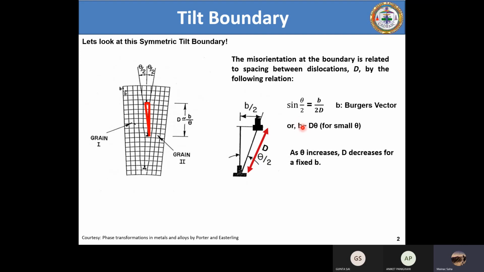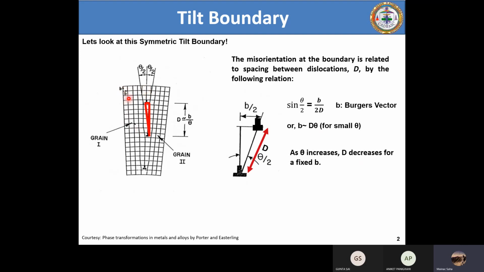So if you have B almost equal to d theta, see what they have done. What Read and Shockley proposed is that B, which was one of your questions, is nothing but the Burgers vector of atoms in the bulk. This is not the interface.